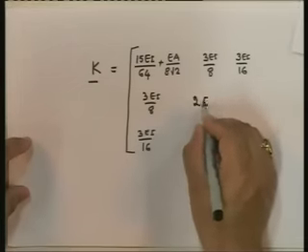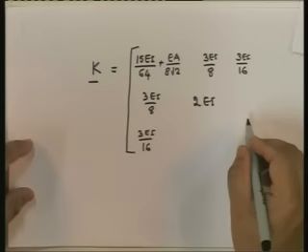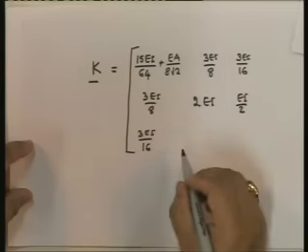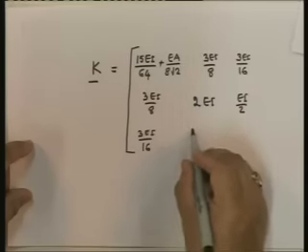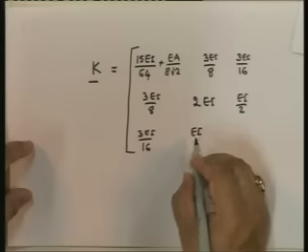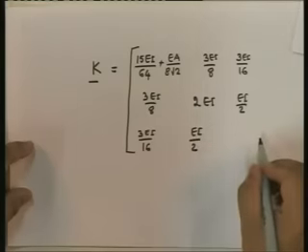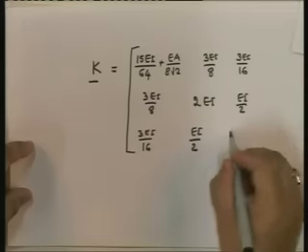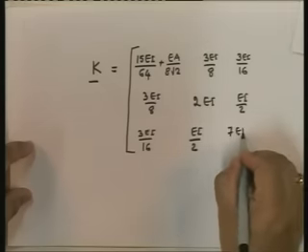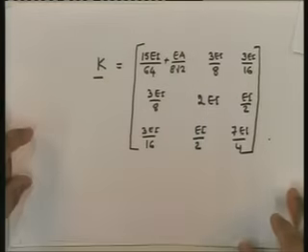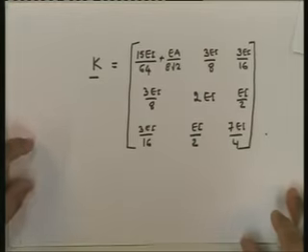So we have 2 EI, and we have EI by 2, 0, 0. So this is EI by 2. Here EI by 2, 0, 0. So it's going to be EI by 2. And the last one is going to be EI plus 3 EI by 4, so that's going to be 7 EI by 4. This is my K.